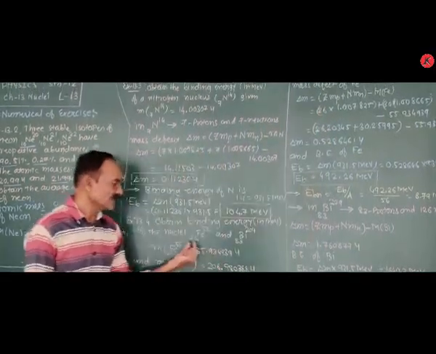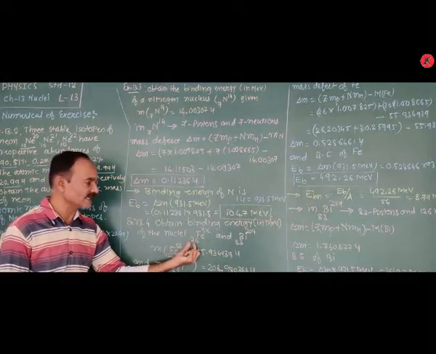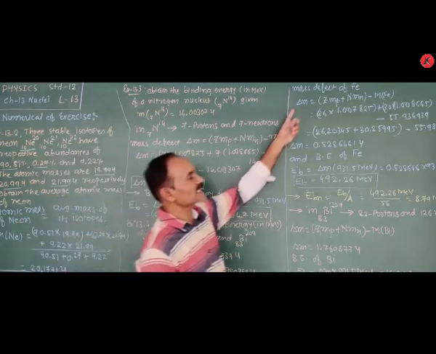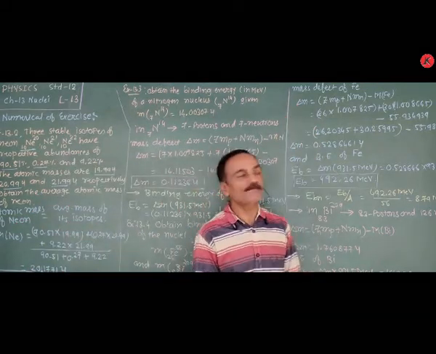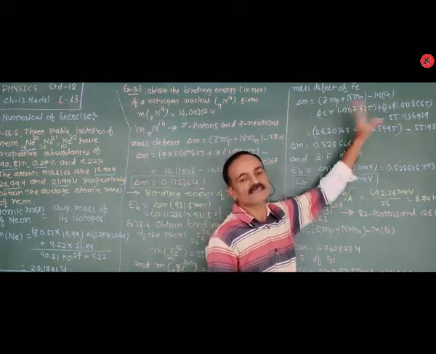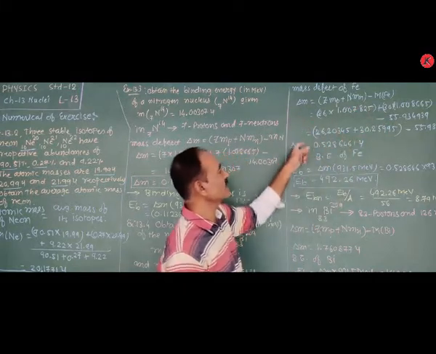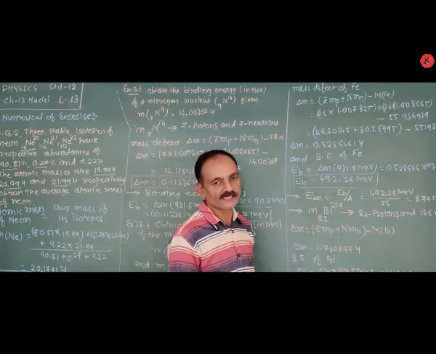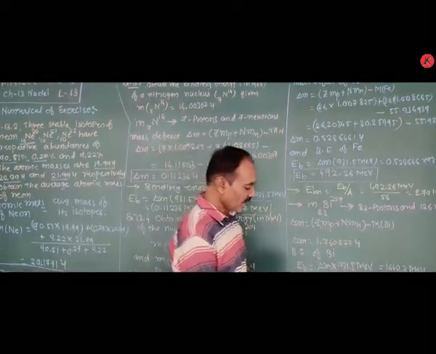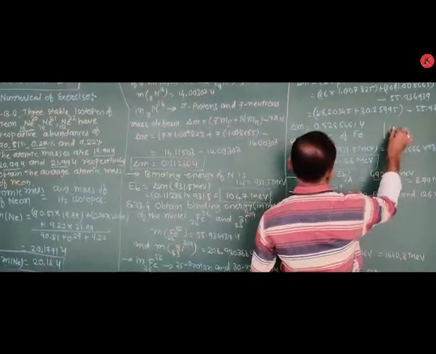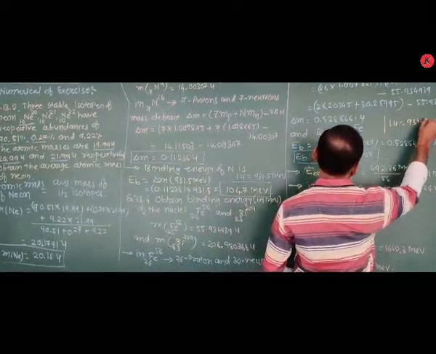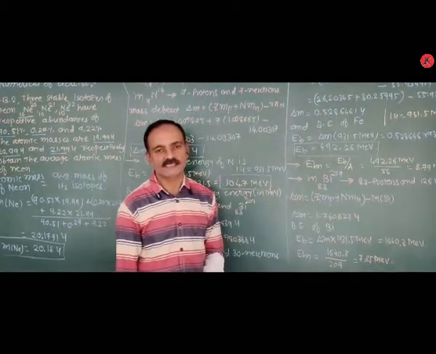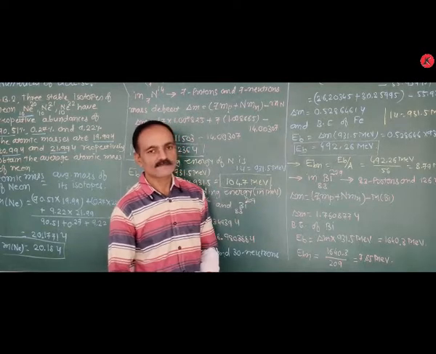Fe has 26 56, that means 26 protons and 30 neutrons. Therefore, using this equation, delta M is equal to ZMP plus NMN minus MFe. We can calculate delta M is equal to 0.528646 atomic mass unit. We know that 1 atomic mass unit is equal to 931.5 MeV energy.